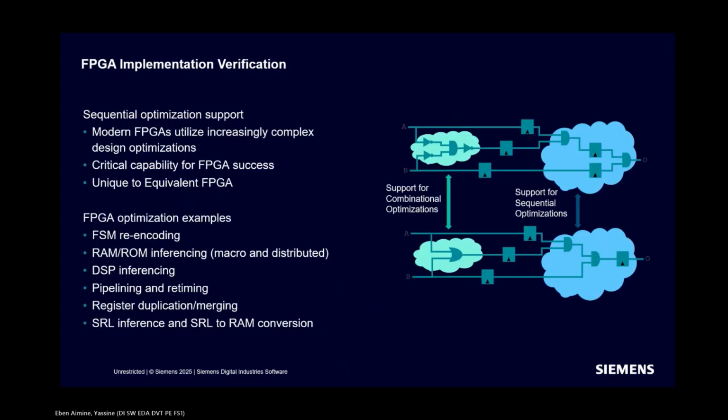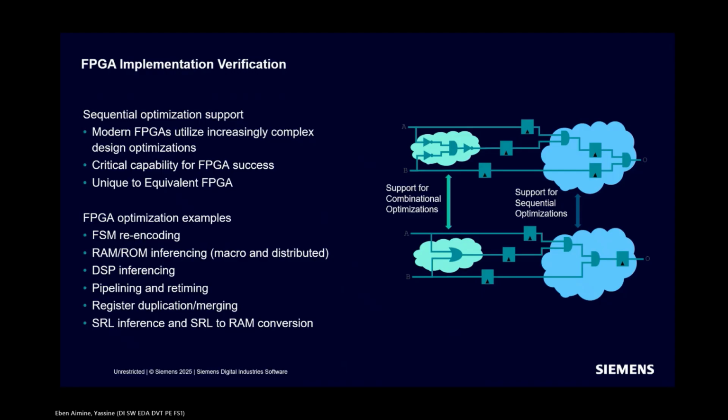Can you just use a standard LEC, logical equivalence checking? You can try. The trick with synthesis for FPGAs is that, unlike RTL synthesis for ASICs, it's much more of a macro-based type of synthesis, and it's much more behavioral, or at least it uses some behavioral synthesis algorithms.